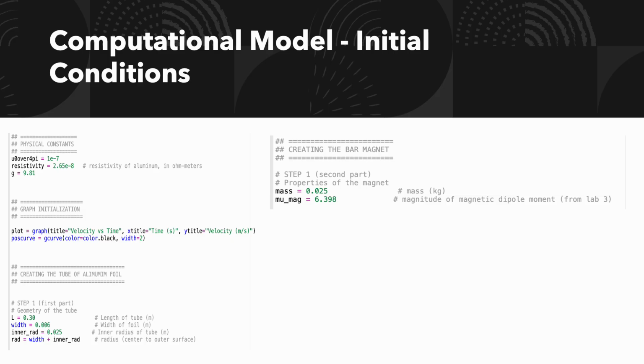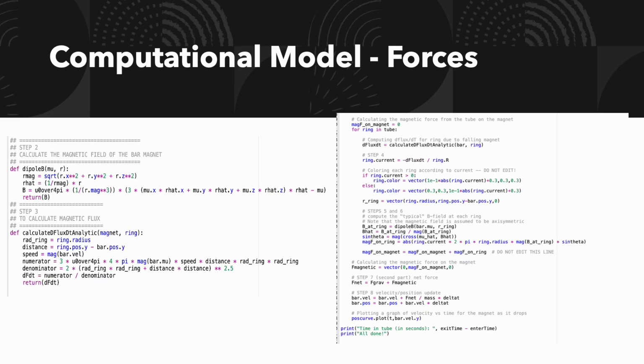and the magnitude of the magnetic dipole moment is 6.398, which was calculated from lab 3. So in the first image, I declared functions to calculate the magnetic field of the magnet and the magnetic flux, and in the second image, I declared functions to take into account the forces acting on the bar magnet, so the magnetic force acting upwards and the gravitational force acting downwards.